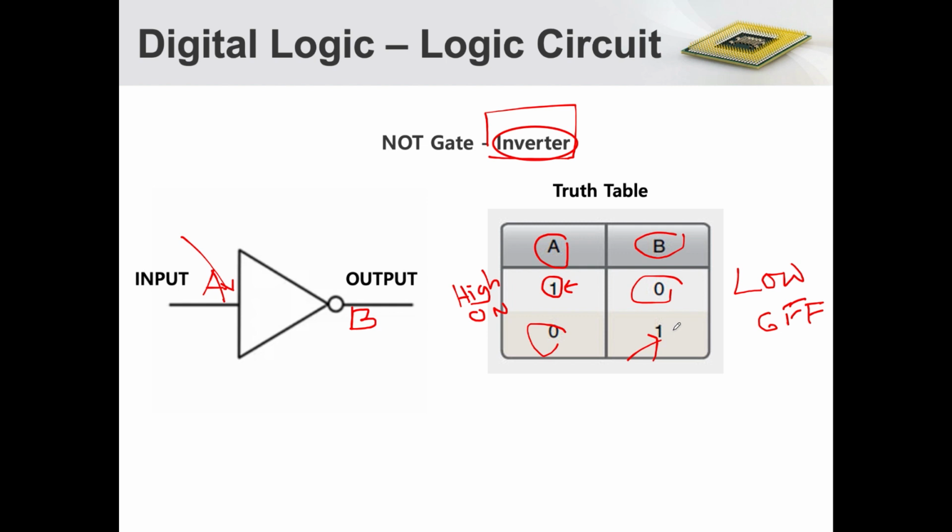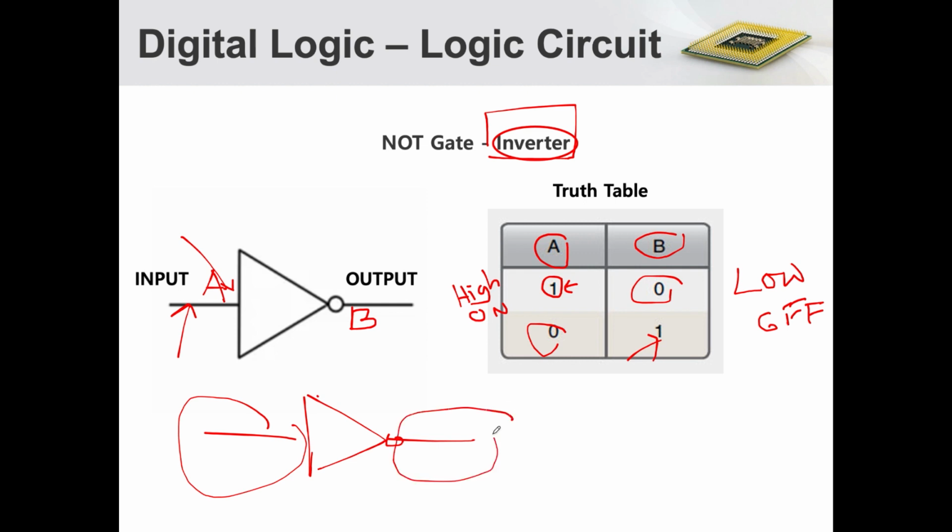So this is the NOT gate, very basic, because you have two possibilities only, one input which is A, and one output. So the symbol is one input and one output. Two possibilities, 0 and 1, and the output is the inverse of the input.